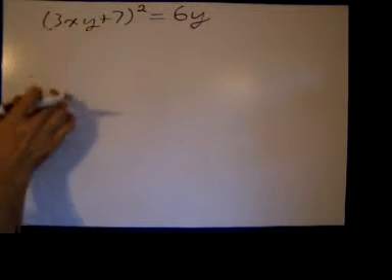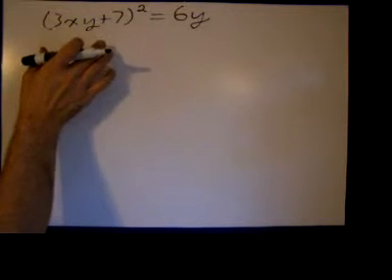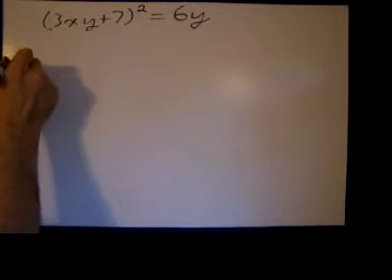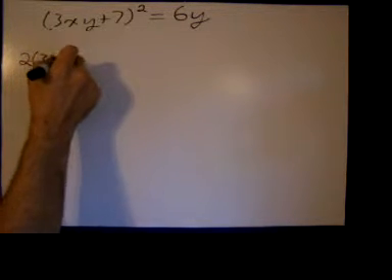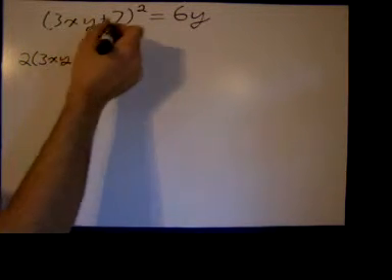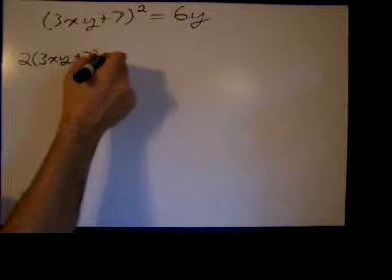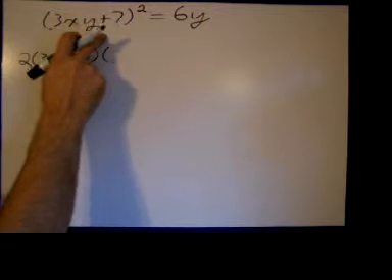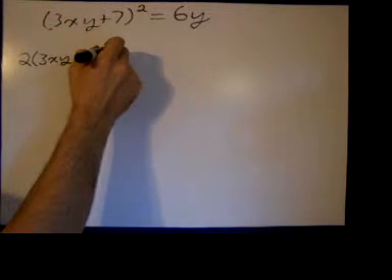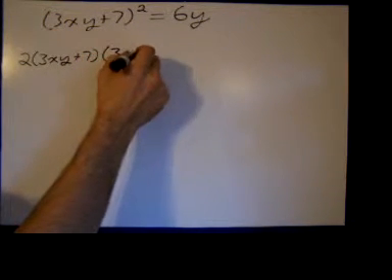We first use the chain rule and take the derivative of something squared. So that will be 2 times 3xy plus 7. Reduce the power by 1, it's just 1. And then we're going to be times the derivative of the inside. Here we have the product rule, so it's 3 times x.